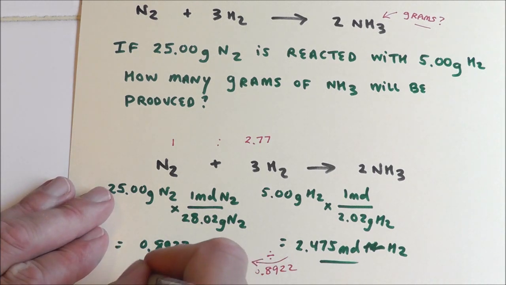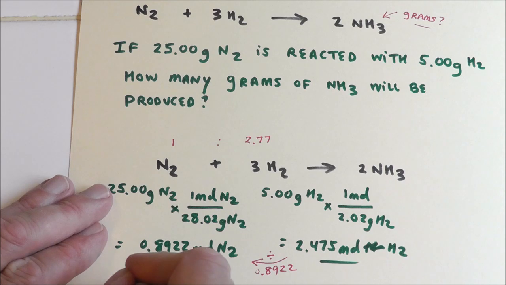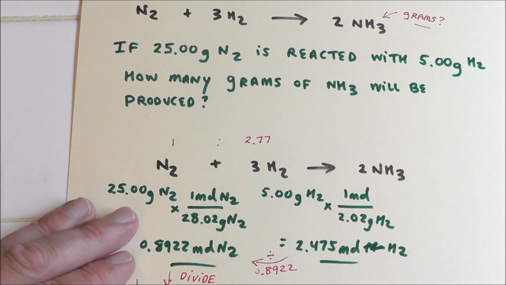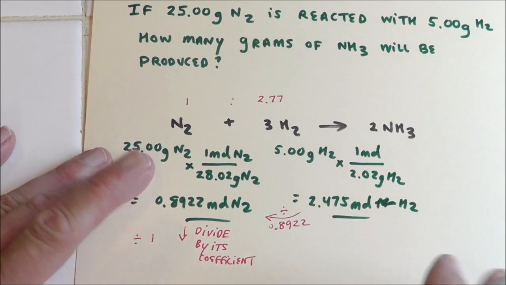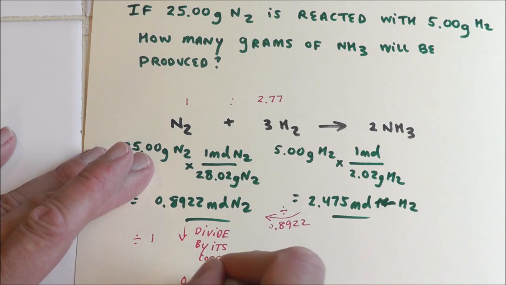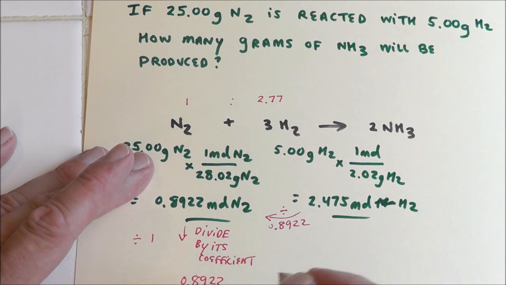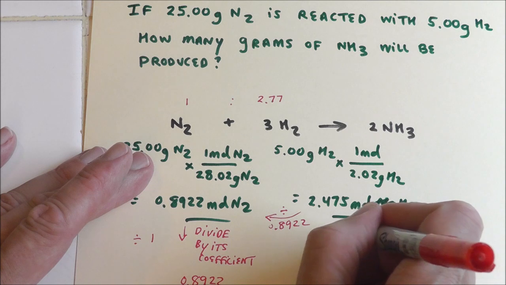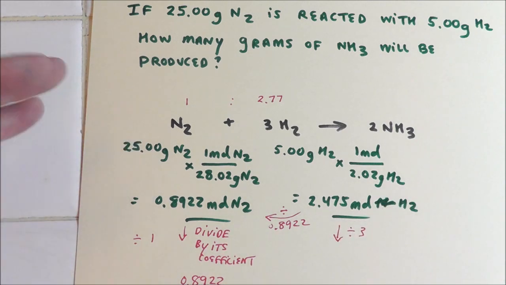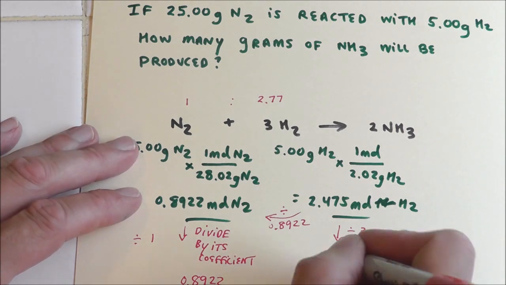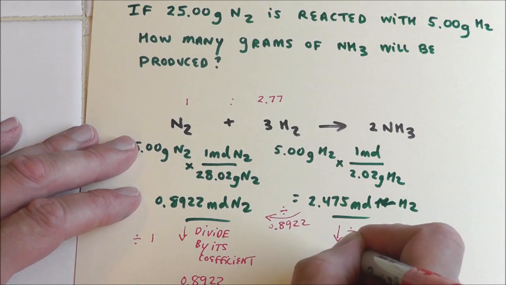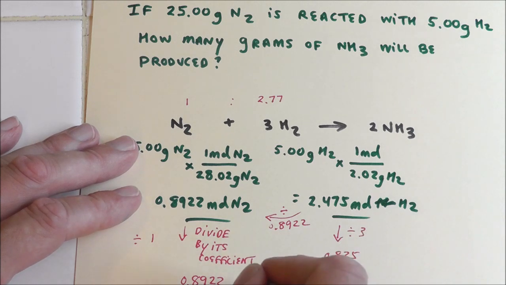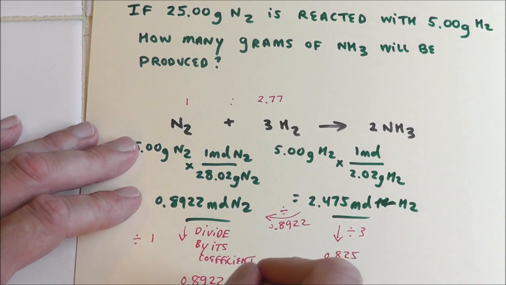So if I divide 0.8922 by 1, because that's the coefficient in the balanced reaction, I get 0.8922. If I divide this by 3, let's see what I get. 2.475 divided by 3, I get 0.825. The smaller number is going to be the limiting reactant.